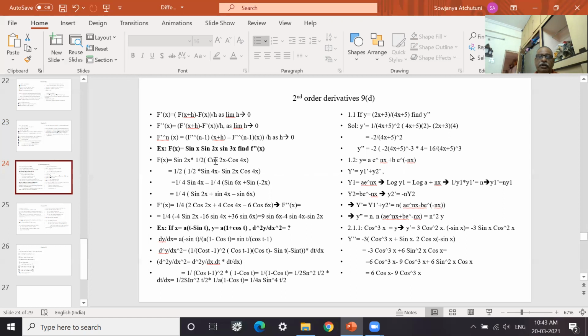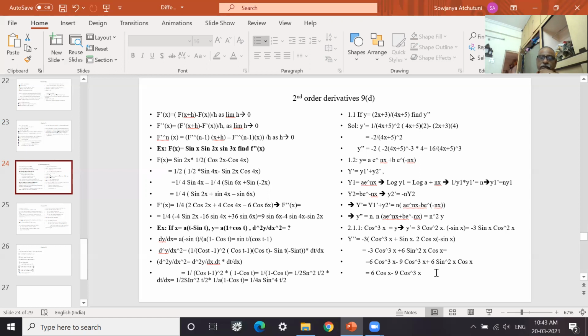So half into cos(a minus b) minus cos(a plus b), because it is actually minus 2 sin a sin b. We know cos A minus cos B is equal to minus 2 sin((A plus B) by 2) into sin((A minus B) by 2). The same thing in reverse.